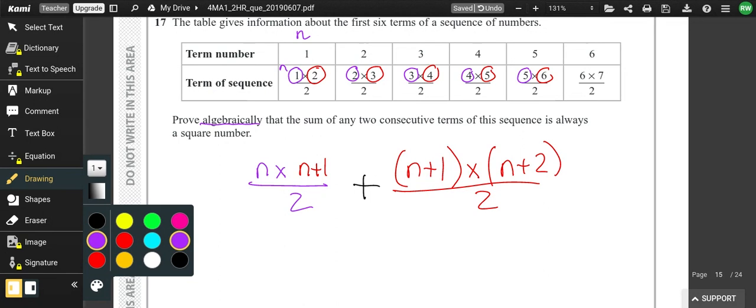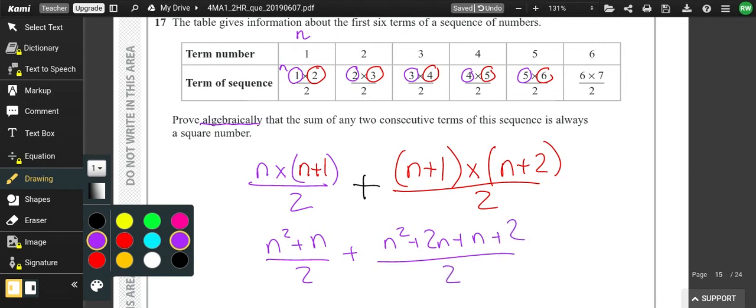Okay, so we get n brackets n plus 1, so that's n squared plus n over 2, plus, multiply out this double bracket, n squared plus 2n plus n plus 2 over 2.